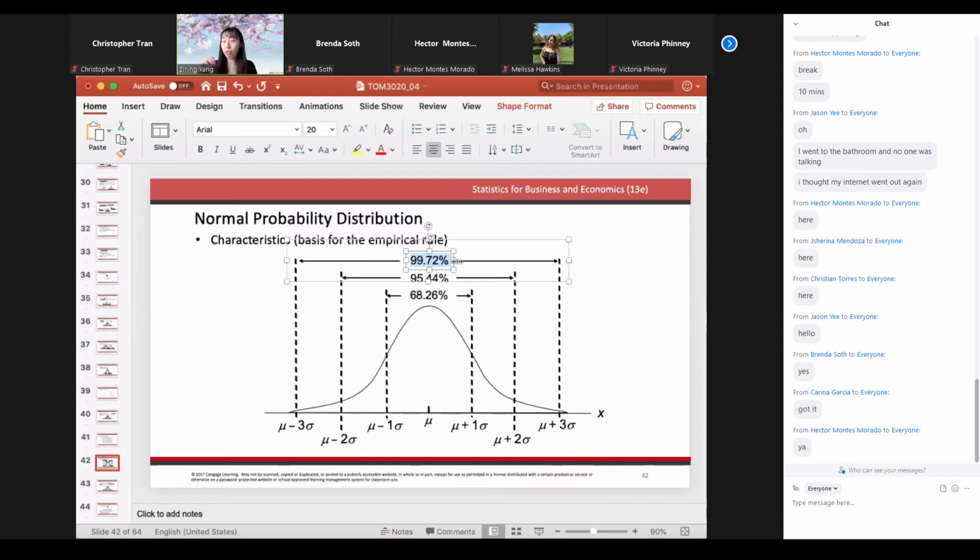And if you are the one that's 3 standard deviations away from the mean, you can be almost certain that you are a special case. Your score is very different from the majority. It's not within the same range.